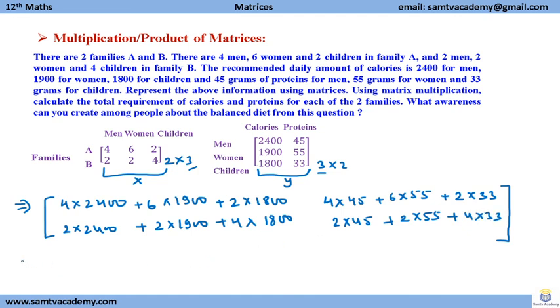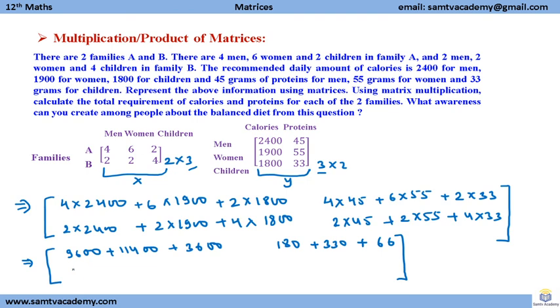So when we solve this, we will get 9600 plus 11400 plus 3600. Next, 180 plus 330 plus 66.